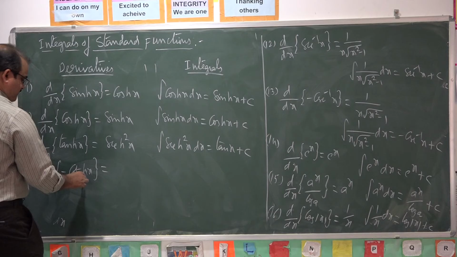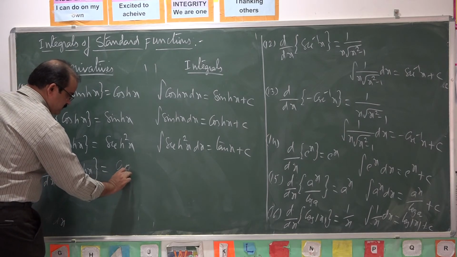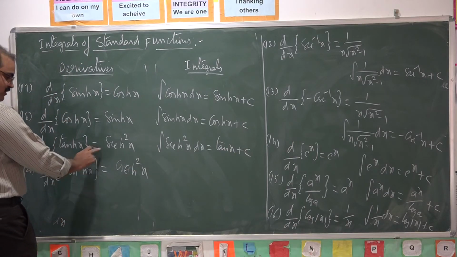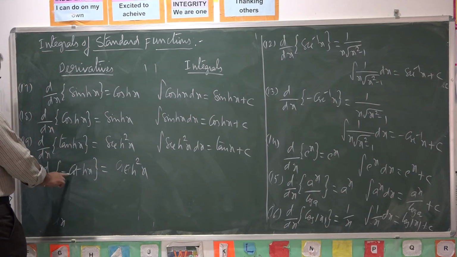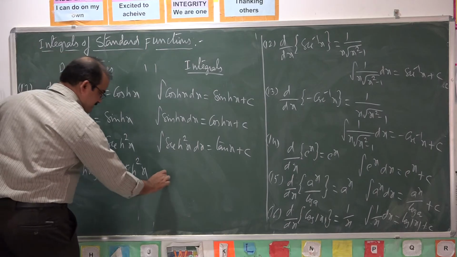d by dx of minus cot hx is cosecant h square x. d by dx of cot hx is minus cosecant h square x. So d by dx of minus cot hx is cosecant h square x.